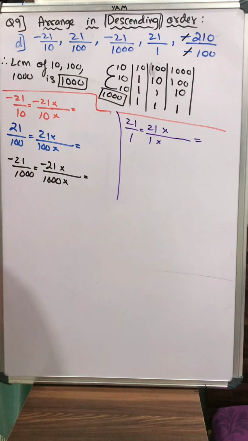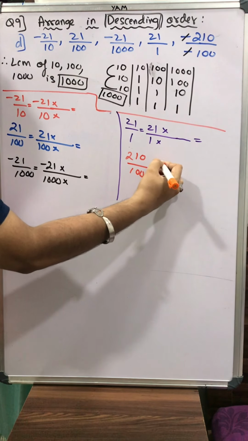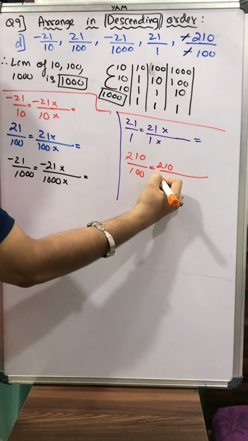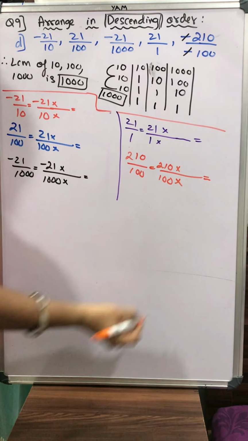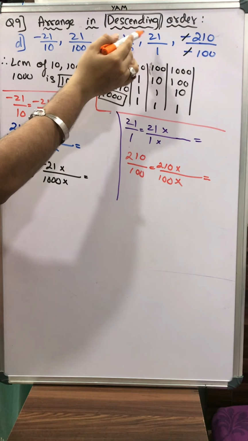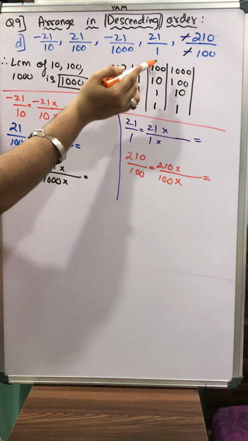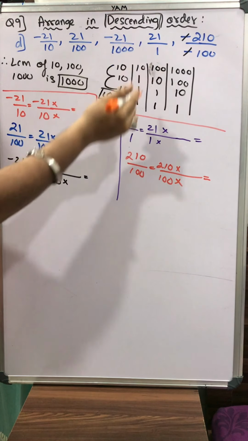So 210 upon 100 multiply is equal to. Here there can be the case, students, they might give you only 21. So upon 1 we have to write. Whenever there is nothing in the denominator, it's always 1.